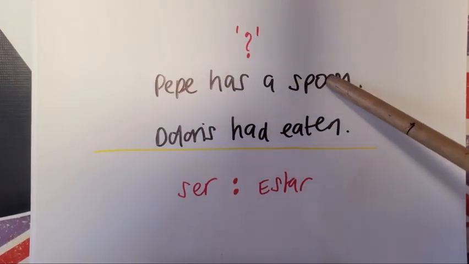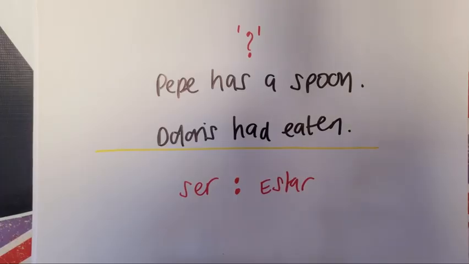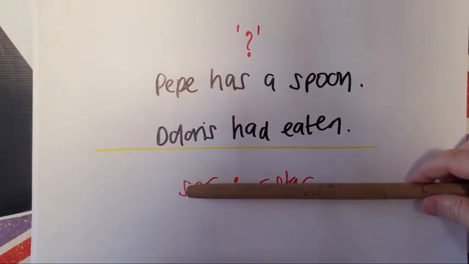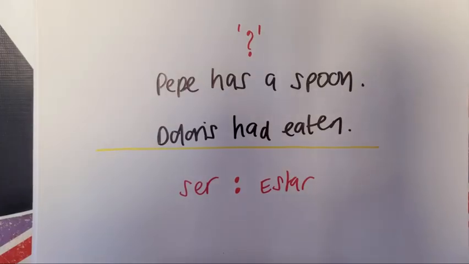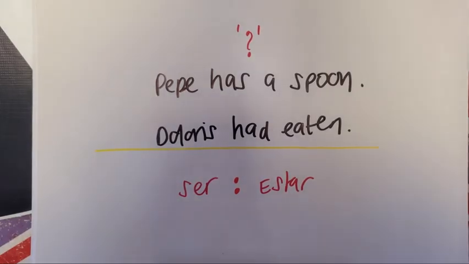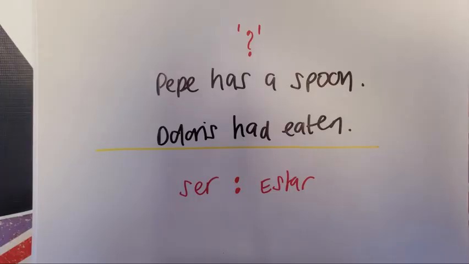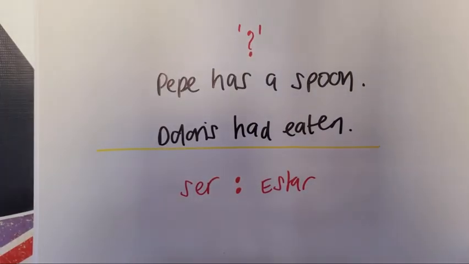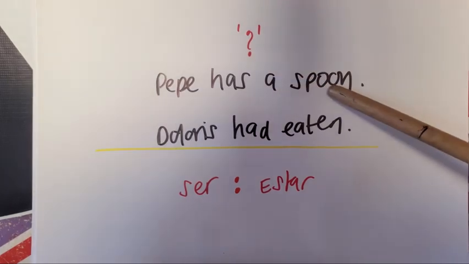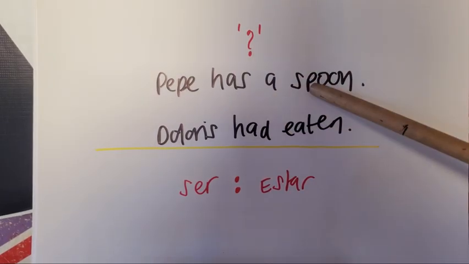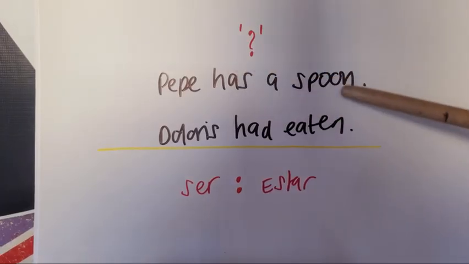Pepe has a spoon. Which verb would you use? Not those two, by the way. Pepe has a spoon. Is that haber or tener? Is a spoon an object? Bear with me with the background noise. Is a spoon an object, or is this part of a continuous verb?